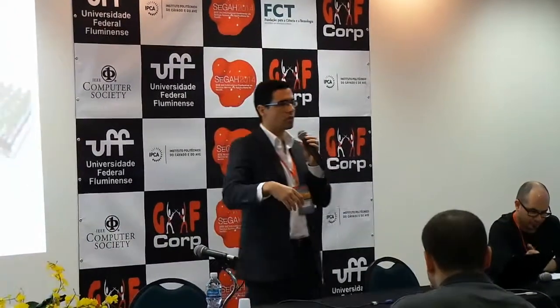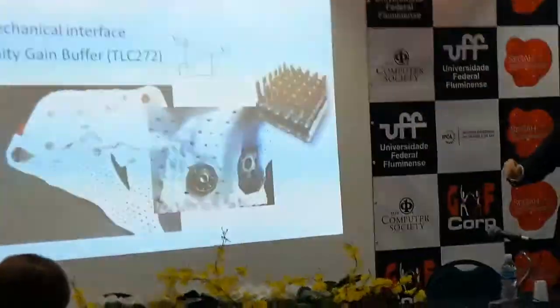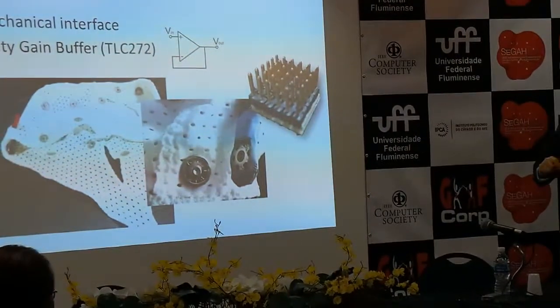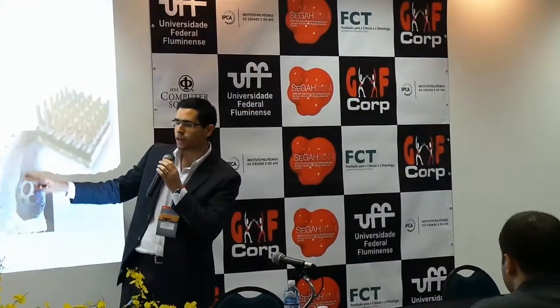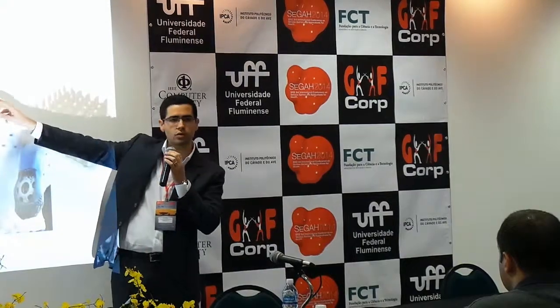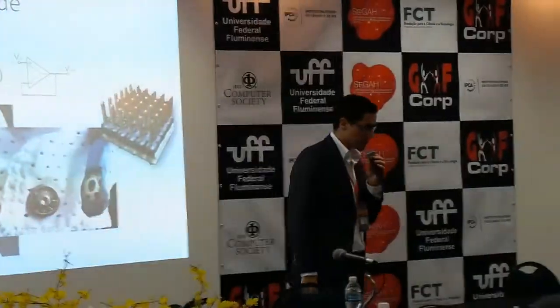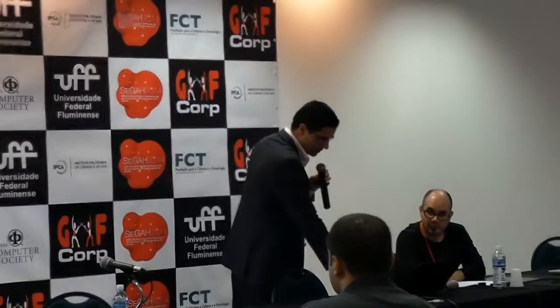So the idea is to cancel some noise right on the electrode, so the signal that you are acquiring can be transmitted to your amplifier with much less noise. This is the textile being developed by the textile company. On one side you place the electrode, on the other side you place the cable, and the cable is where you can find the buffer.